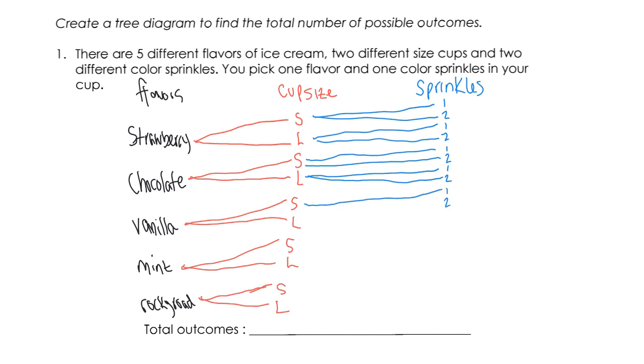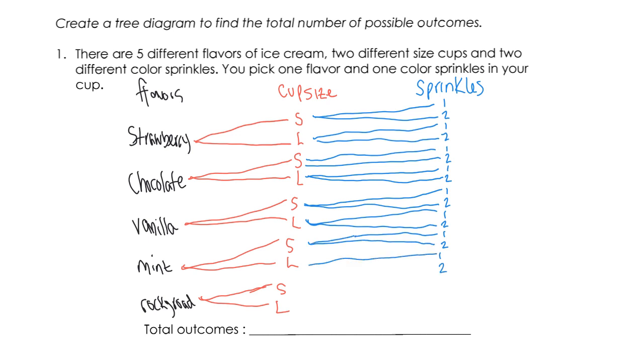For vanilla small, 1, 2. For vanilla large, 1, 2. For mint and Rocky Road, small and large, 1, 2, and we're almost done: 1 for small, 2 for small, 1 for large, 2 for large.